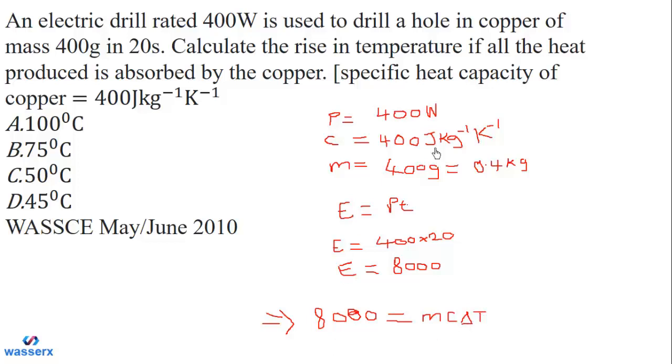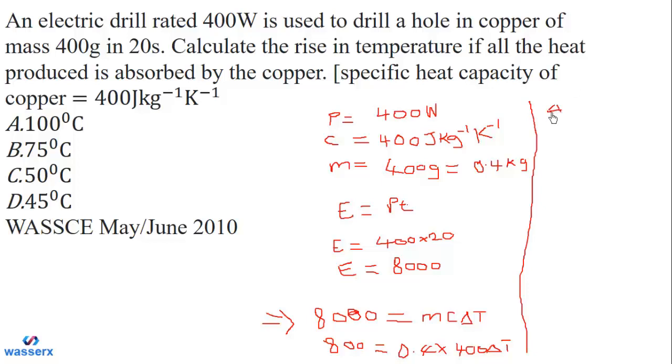So let's do the substitution. We are given the mass and the specific heat capacity, so let us substitute them into this equation so that we can solve for the change in temperature. We have 8,000 equal to 0.4, which is the mass, times 400, which is the specific heat capacity of copper, then times the change in temperature.